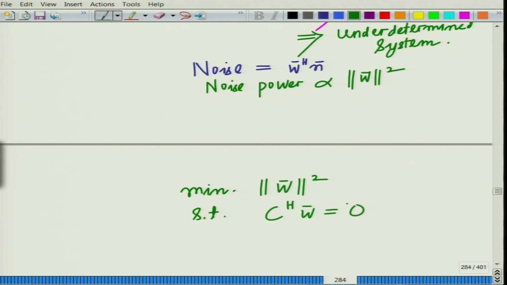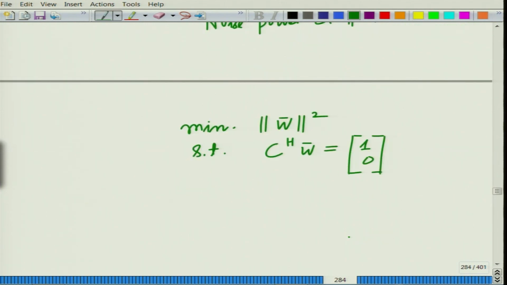subject to the constraint C Hermitian W bar equals 1 comma 0, and this is basically minimizing the noise power.